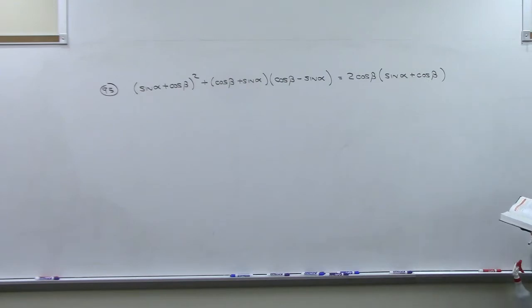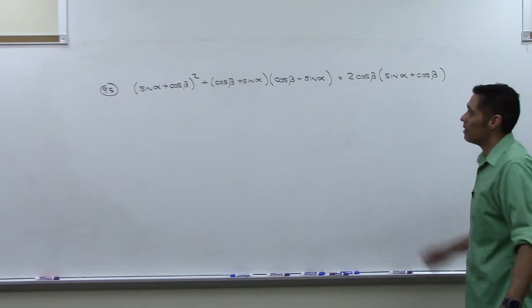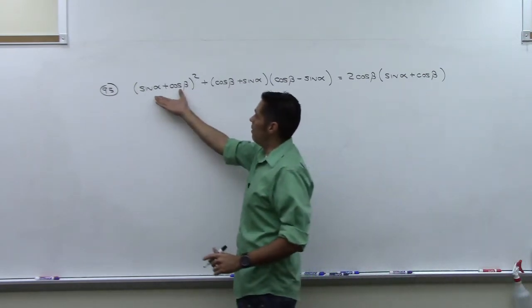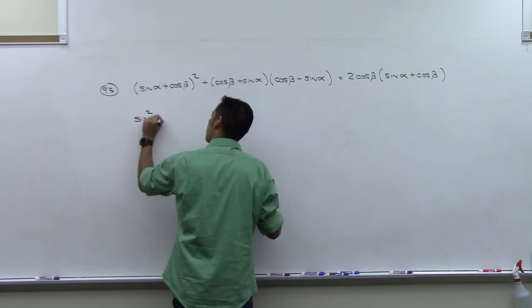All right. I'm going to start on the left side. So I'm going to FOIL that out, like multiply this times itself. And since I've done that several times, I'm just going to write what it would be.